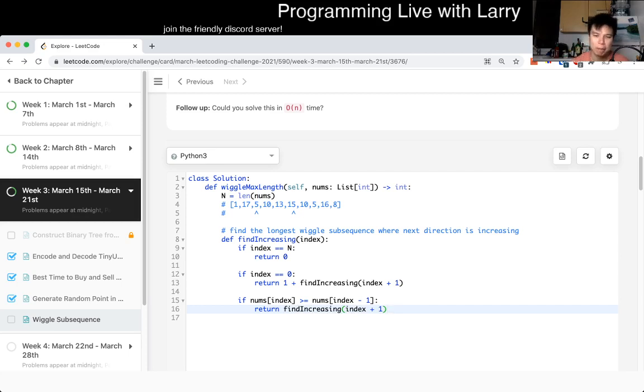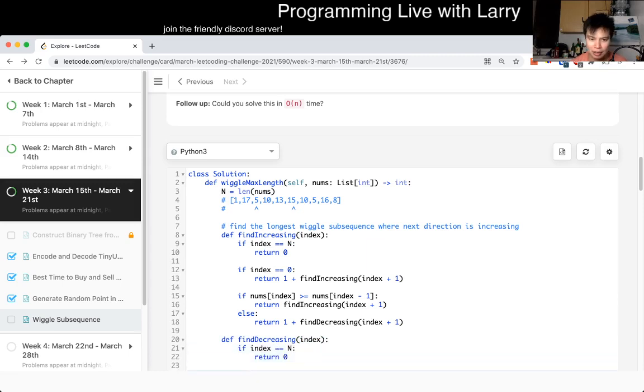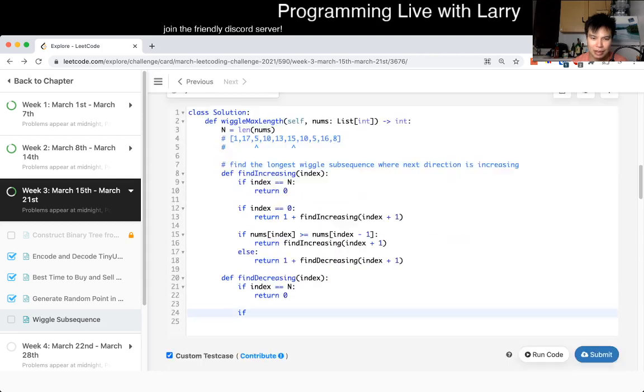Else we return 1 plus find decreasing of index plus 1, right? And we can also, in a similar way, do the same thing for find decreasing, right?